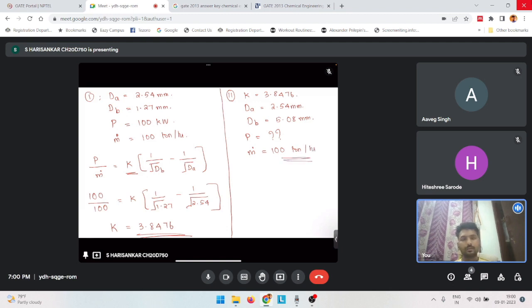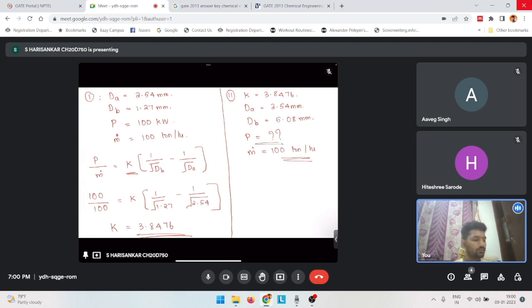Since we found the constant K from the last case, using that constant and these new diameters of the feed and the product as well as the mass flow rate, we need to find the power consumed.